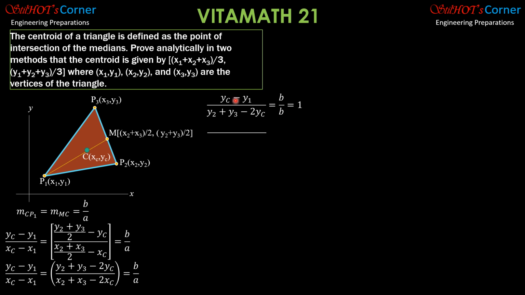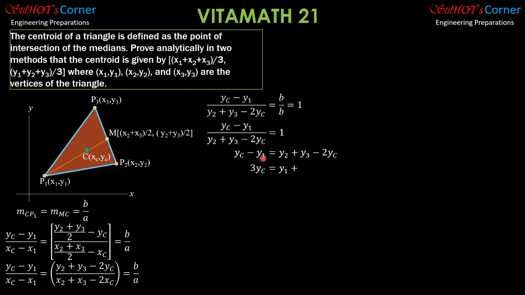Then cross multiply: (yc - y1)/(y2 + y3 - 2yc) equals 1. Then we have yc - y1 equals y2 + y3 - 2yc. Then yc plus 2yc, the additive inverse is 3yc.